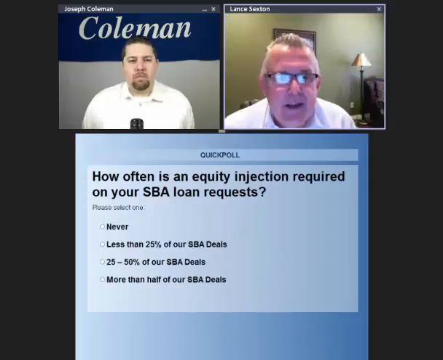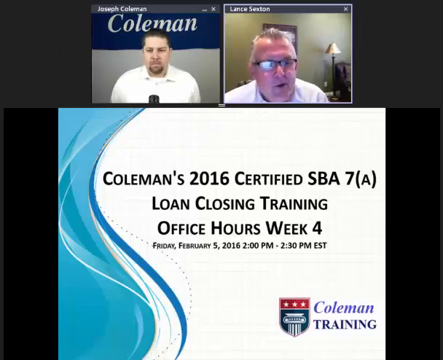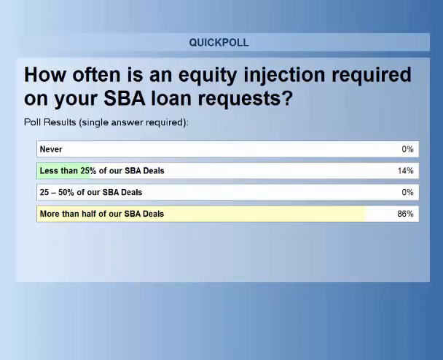Guys, if you look at the SOP, if you don't properly verify and document your equity injection, SBA can make the assumption that that's what caused the default if that loan in fact defaults. It seems that more than half of the deals are required.